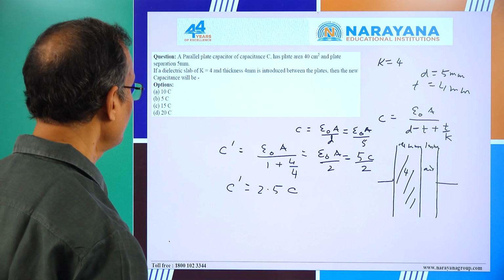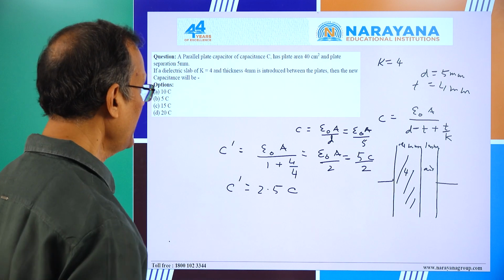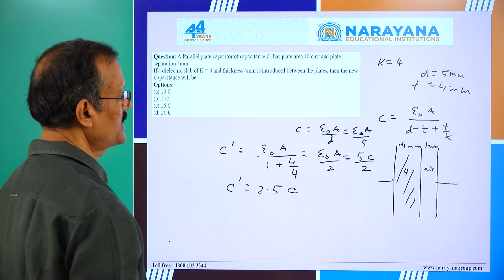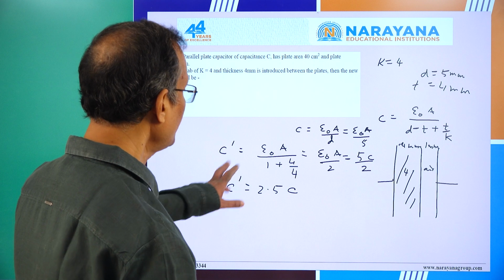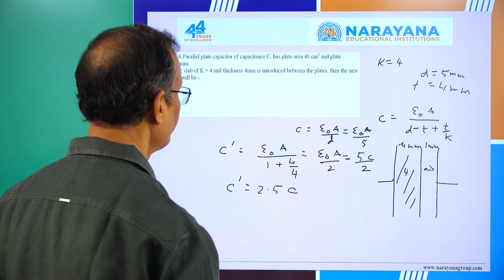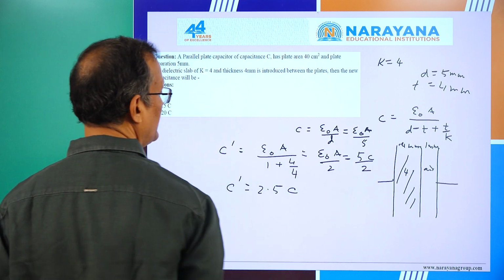Now this new answer is here. The answer will be 2.5C. Check it again. If you have air, C equals epsilon naught A by D. And here it is epsilon naught A by D minus T plus T by K. So epsilon naught A from here is 5C.